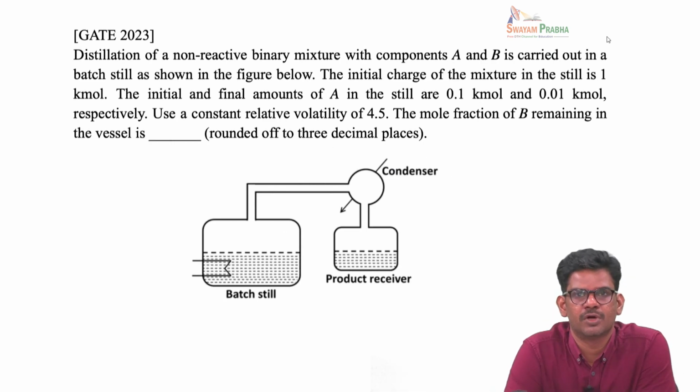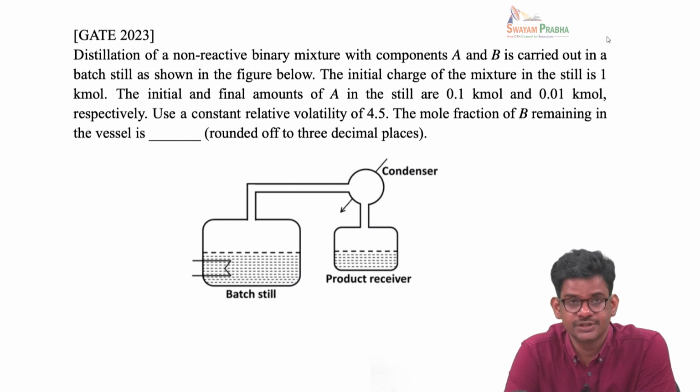This problem is related to batch distillation. So, here distillation of a non-reactive binary mixture with components A and B is carried out in a batch still, as shown in the figure below. The initial charge of the mixture in the still is 1 kilomole.